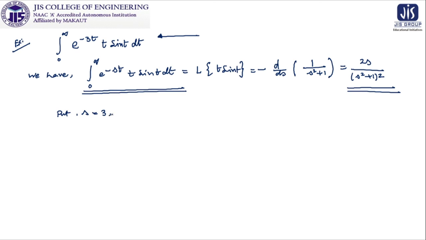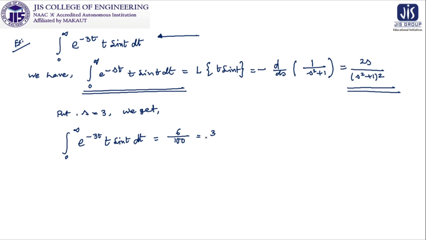s equal to 3, we get in this relationship the integral from 0 to infinity of e to the power minus 3t t sin t dt is equal to 6 by (3 squared plus 1, that means 9 plus 1 is 10) whole squared, that is 100.